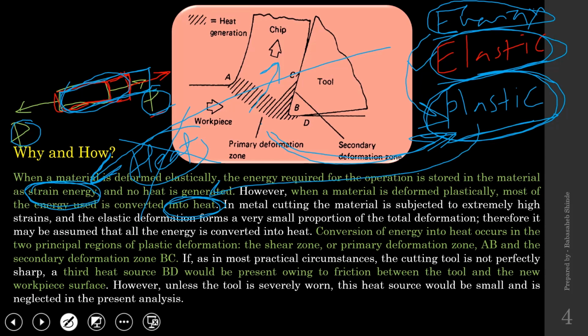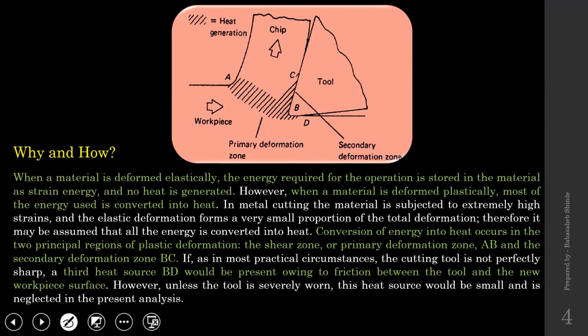And as I just said, in metal cutting there is a dominance of the plastic deformation compared to the elastic one. So all the energy provided in metal cutting gets converted into heat energy. Okay, that's the reason why in metal cutting there is a generation of heat.